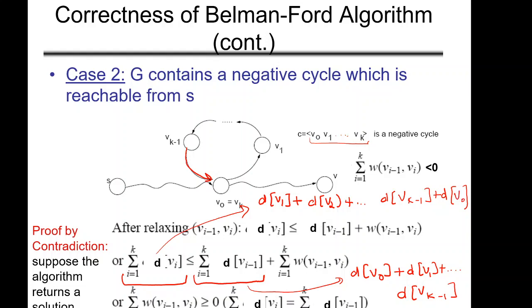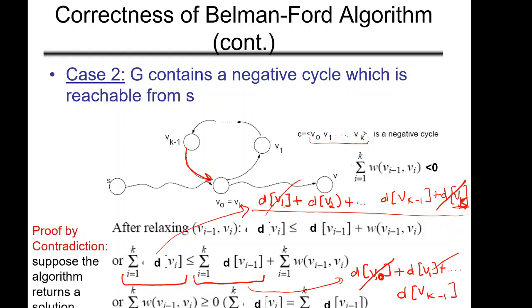Now if you see, both of these are the same. This is going from d of v0, 1, 2, 3 up to k, and this is again going 1, 2, 3, all the terms are the same. The only difference is that here it has vk and here it has v0, but since vk is equal to v0, we can remove this term.